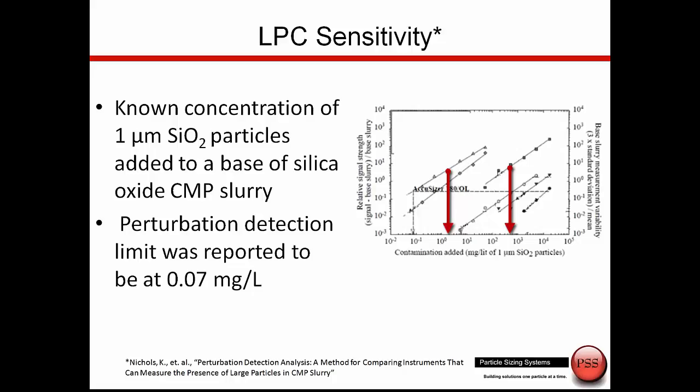But if you want to find these few large particles, we're at least 100 times more sensitive than laser diffraction. And compared to some other techniques we see 1,000 times more. In this particular publication, the AccuSizer could actually pick up as little as 0.07 mg per mil of the spiked material, we could find it.